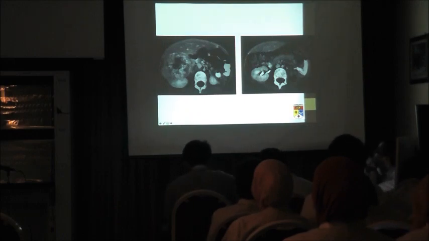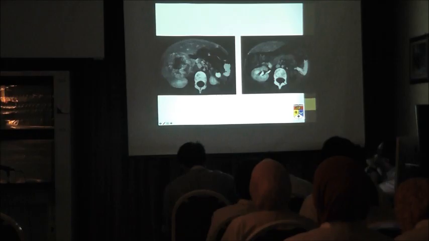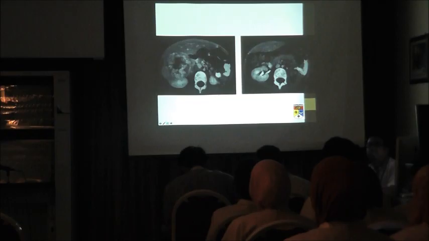Alright, cross section CT. Basically you can see this abnormal solid mass at the region adjacent to the right kidney. So CT, ingat right and left mana same.